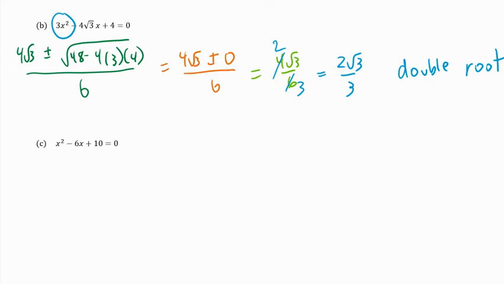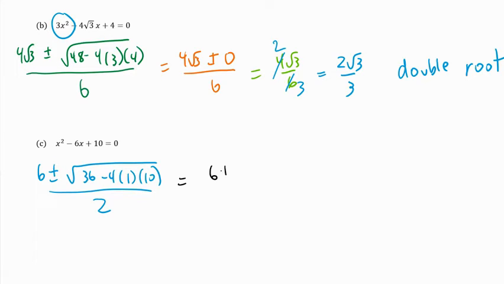On C, we'll have 6 plus or minus the square root of 36 minus 4 times 1 times 10, over 2. That's going to equal 6 plus or minus the square root of negative 4 over 2. Got a negative under the radical. I'm going to get an imaginary answer. So 6 plus or minus 2i over 2.